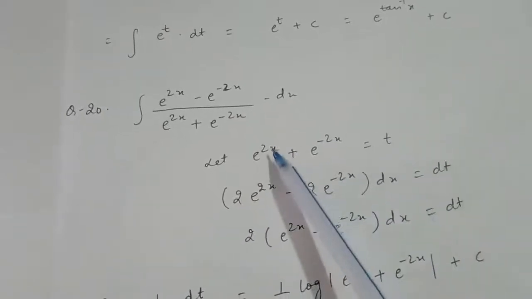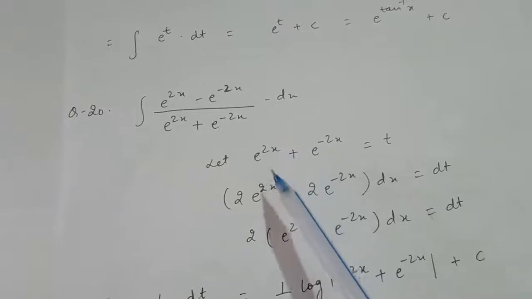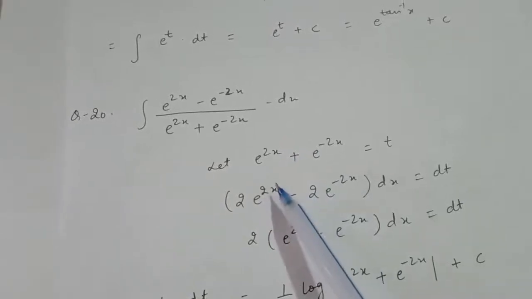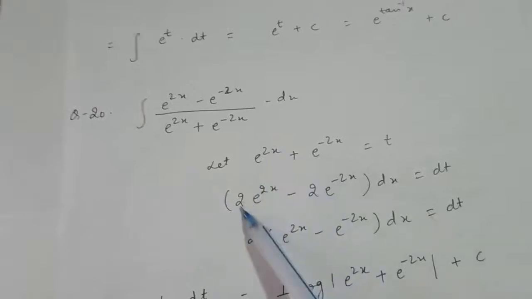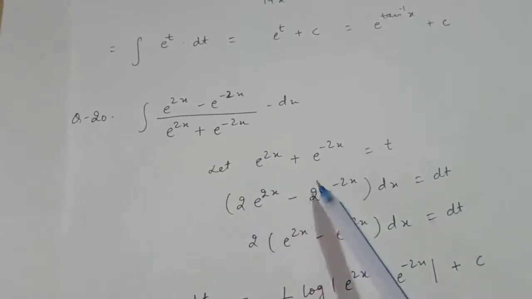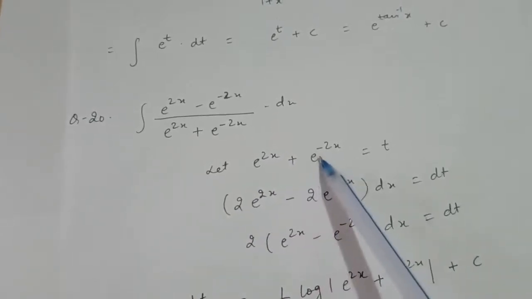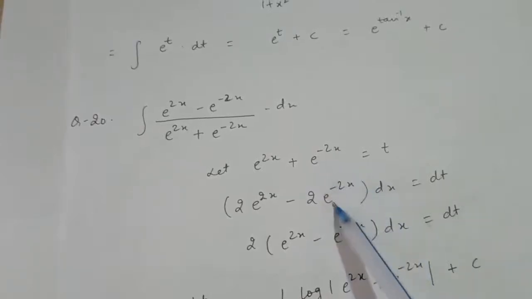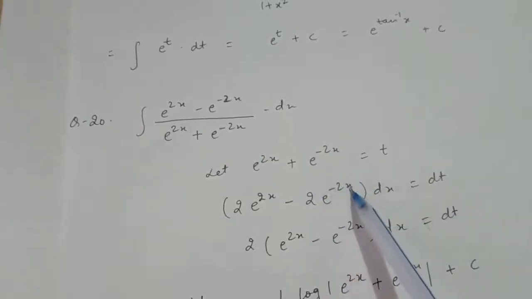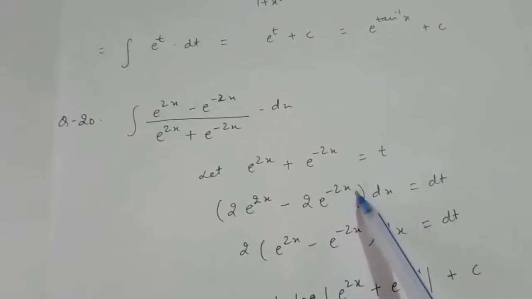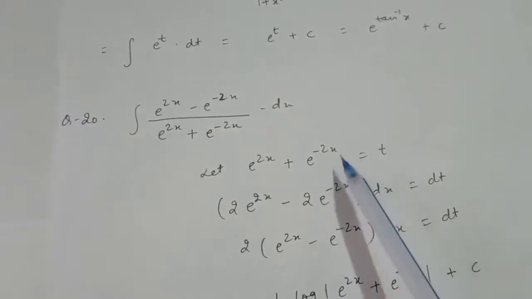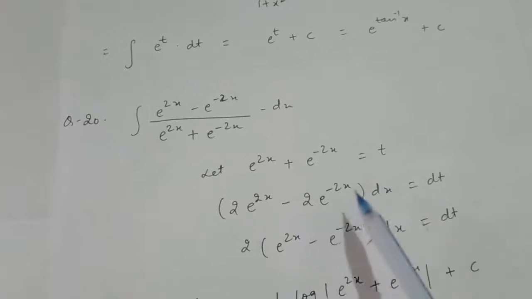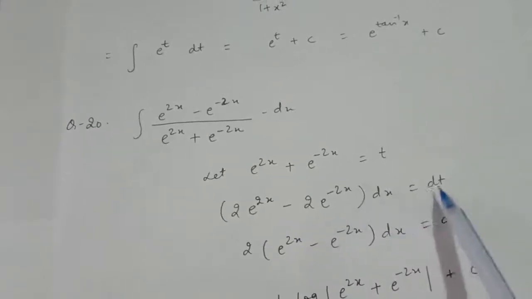So derivative of e raised to the power 2x will be e raised to the power 2x into derivative of 2x, and derivative of 2x is 2. Now derivative of e raised to the power minus 2x is e raised to the power minus 2x into derivative of minus 2x, and derivative of minus 2x is minus 2, right, into dx equal to dt.